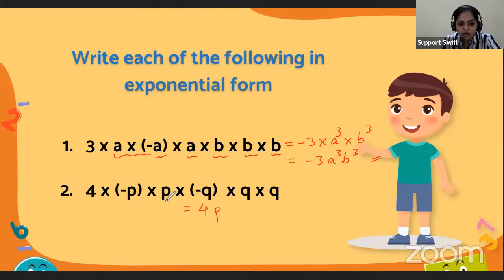We have to multiply 2 p's, so p raised to the power 2, and 3 q's, so q raised to the power 3. The answer for the second question is 4p square q cube, or 4p raised to the power 2 and q raised to the power 3. So using exponential notation, we can simplify our algebraic expression.